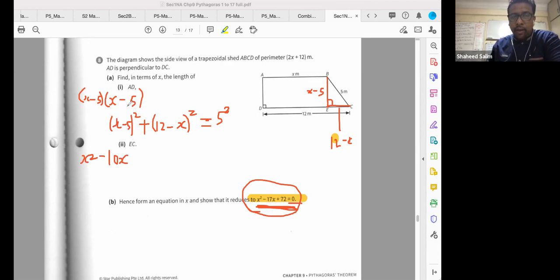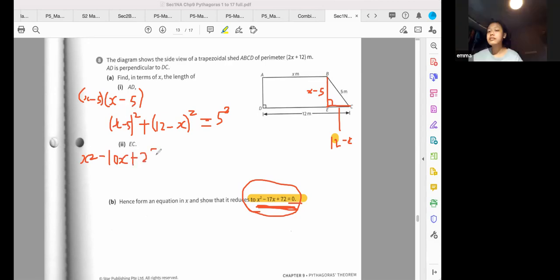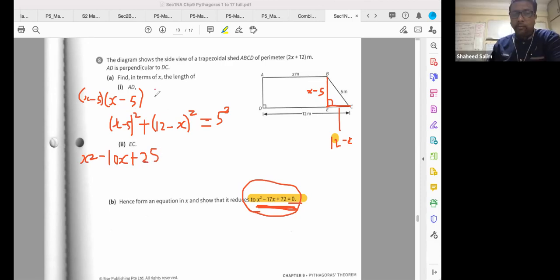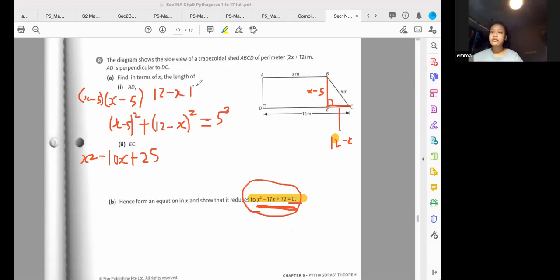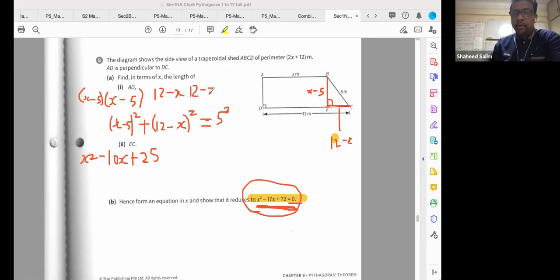And then 5 times 5, 25, positive 25. Same thing down here, 12 minus x times 12 minus x, in brackets. So 12 times 12 is 144.